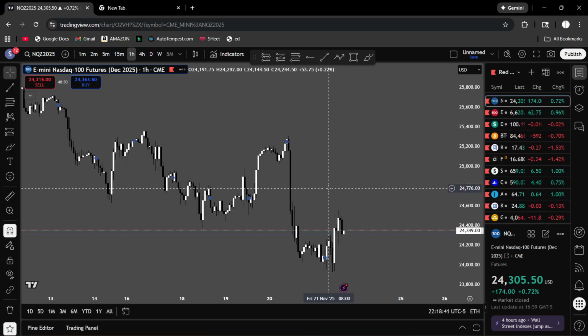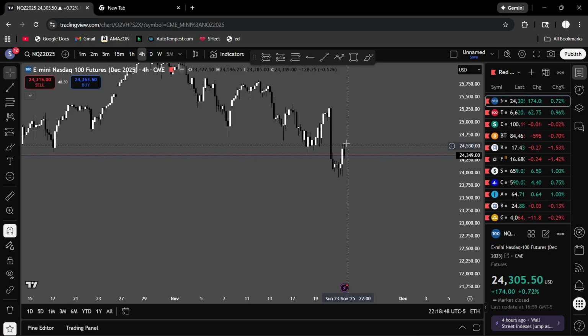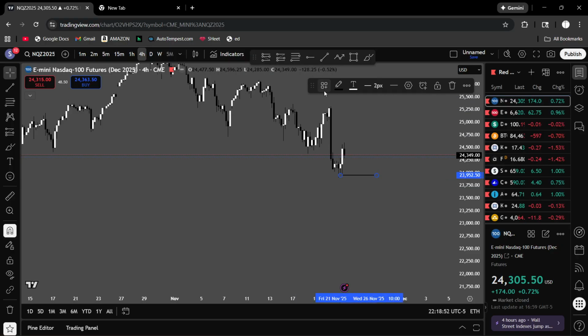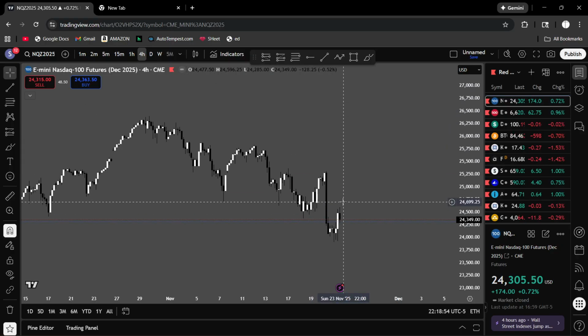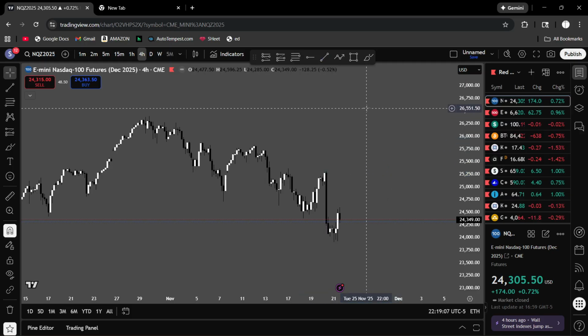So, liquidity, what is it? Just as a recap, it is a high or low where retail traders will place their stop losses, and this gives more volatility to the market as more orders are being executed, and therefore it just adds volume and volatility.